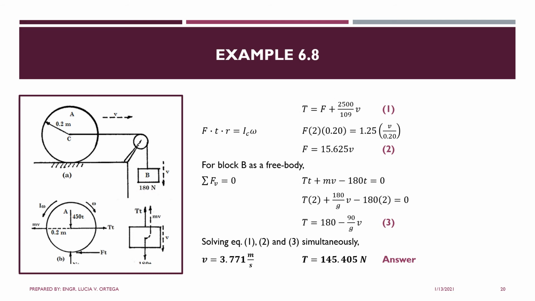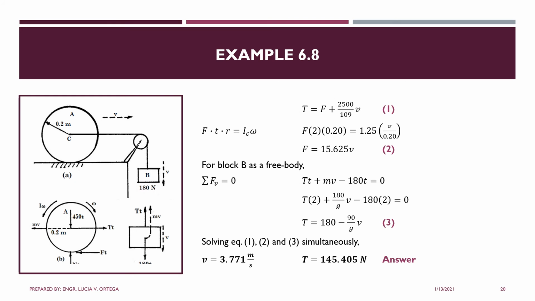Now, for the moment, the friction times the radius times time. The moment about the center is equal to the mass moment of inertia. We compute that equal to 1.25 times angular velocity. Substituting the given force, frictional force times time times the radius is equal to I sub c, which is 1.25.